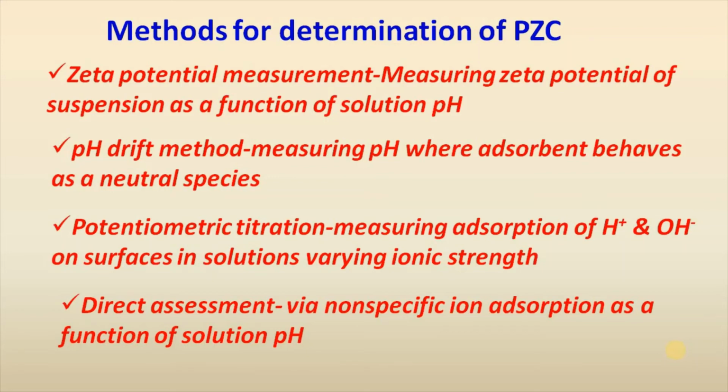Well, there are several methods for determination of point of zero charge. The first and most commonly used method is the measurement of zeta potential by dynamic light scattering, where zeta potential of a suspension is measured as a function of solution pH.